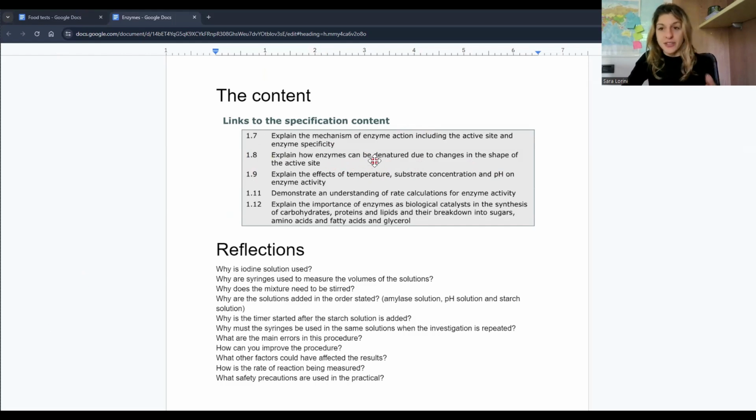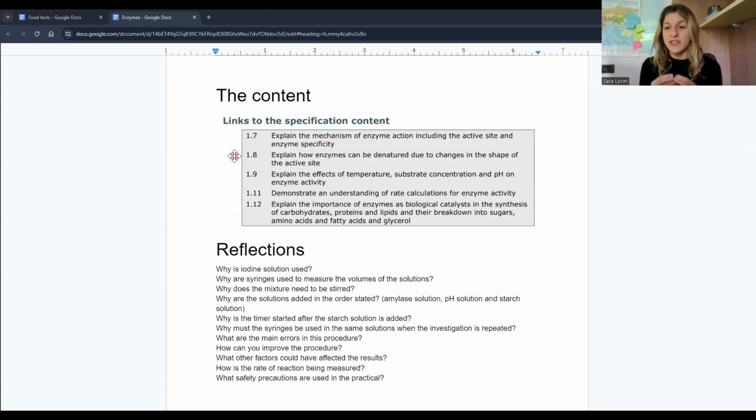So denatured is extremely important because remember, enzymes are proteins. From the biological molecules topic, proteins are very sensitive to environmental conditions. So when the conditions are outside their optimum range, they denature.